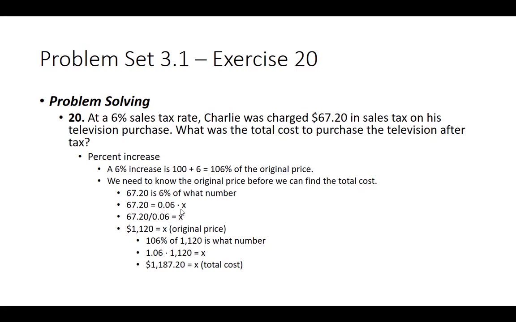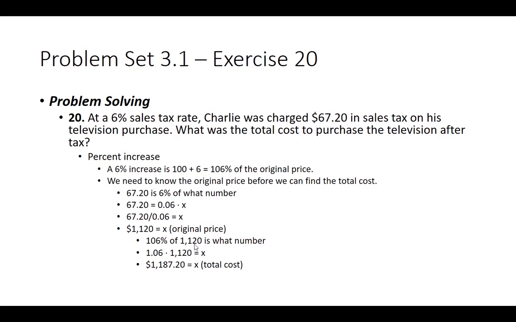That translates to 67.20 equals 0.06 times X. Divide both sides by 0.06. 67.20 divided by 0.06 is 1,120. So the original price before sales tax is 1,120.